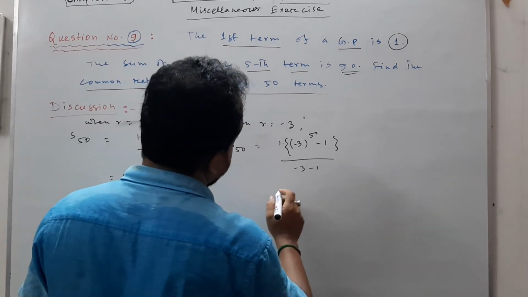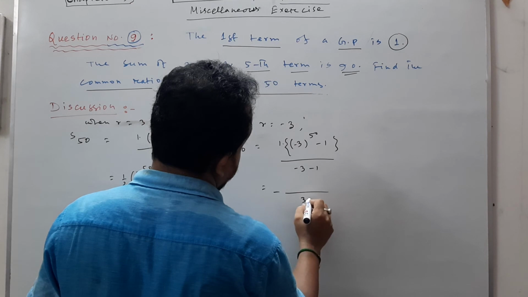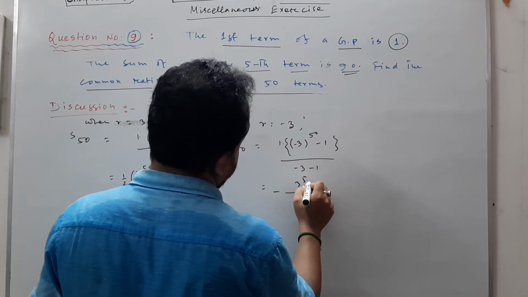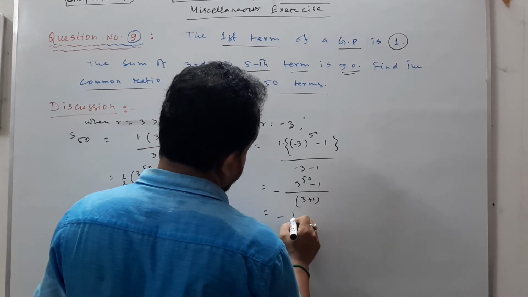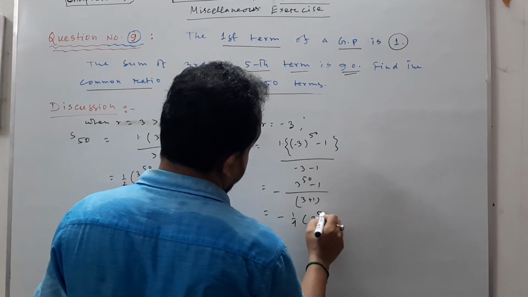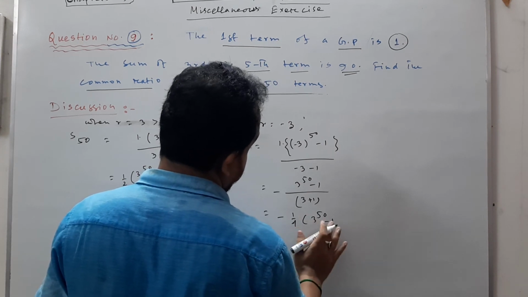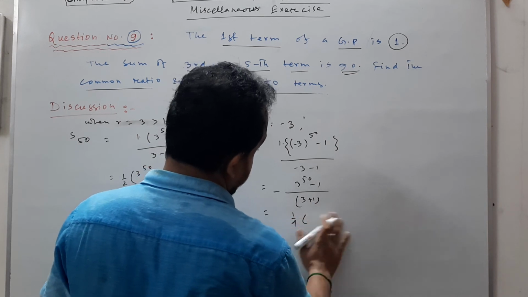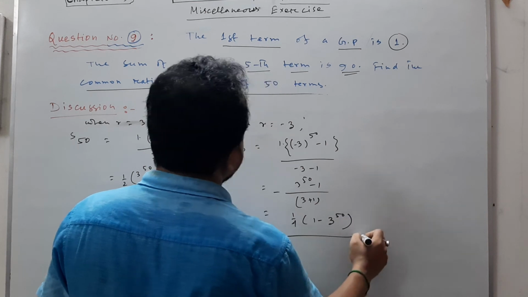After simplifying, we get minus 1 by 4 into 3 power 50 minus 1, or if we multiply by minus 1, we get 1 minus 3 power 50 here. Okay, this is the answer.